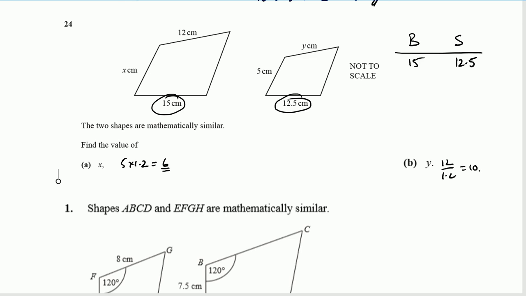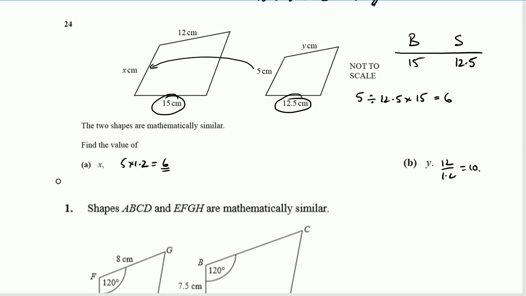So let's say we want to find out x. We need to know where we're coming from and where we're going to. So 5, which is a measurement on the small triangle, needs to turn into a measurement on the larger triangle. I've got to divide by the small triangle number, times by the large triangle number, and that will come out as 6 if we do it on your calculator.